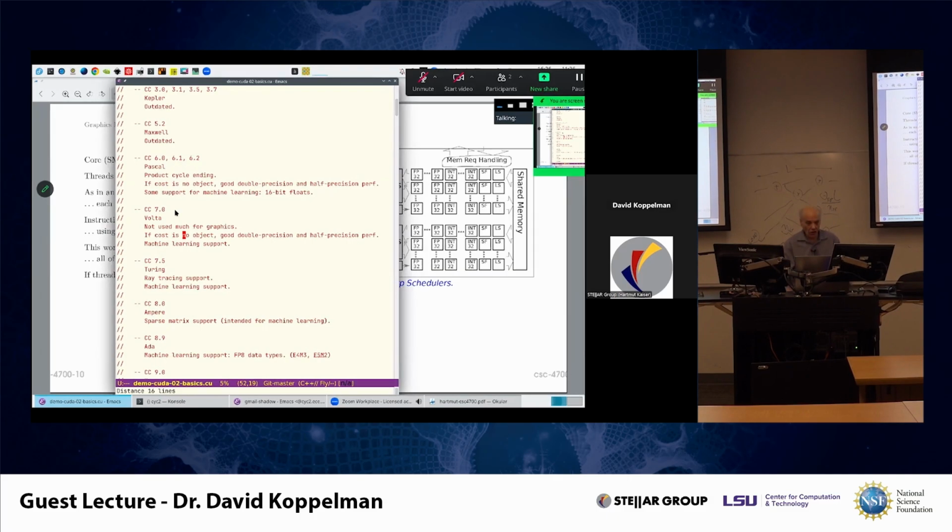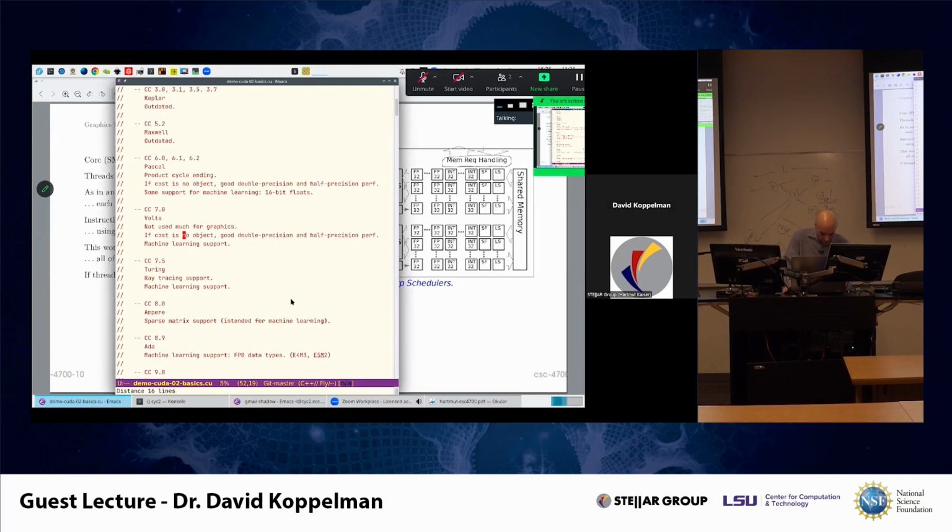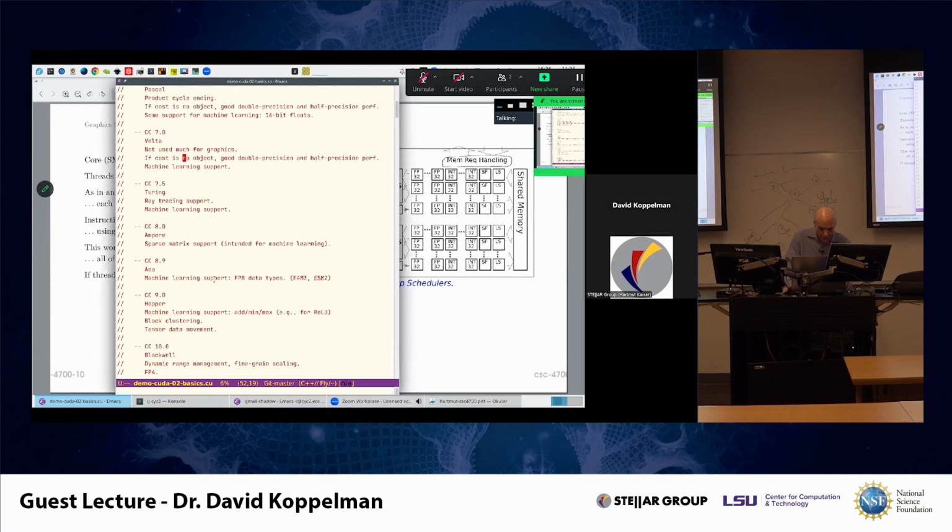In 8.9, there is official support for 8-bit floating point. That sounds crazy, but they've done it. The way this works is the designation for the two types: exponent 4 bits, mantissa 3 bits.